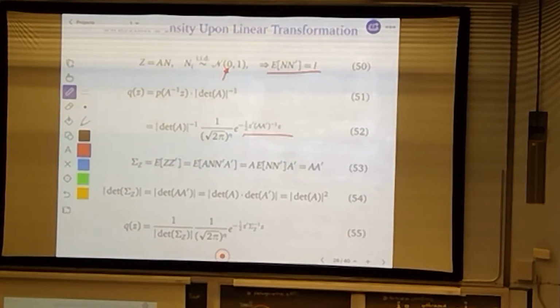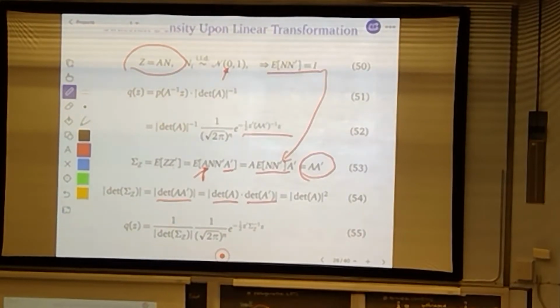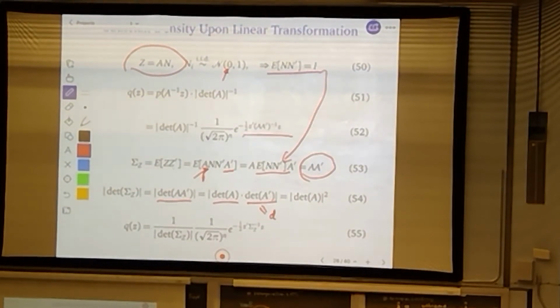So if we calculate E of ZZ transpose, since Z equals AN, we just plug that in. And since A is a fixed constant, we can take it out of the expectation. Since this is an identity matrix, we derive that the covariance of Z is simply AA transpose. And the determinant of sigma Z then becomes the determinant of AA transpose. The determinant of two matrices multiplied together is the product of the individual determinants, and the determinant of a transposed matrix equals DET of A itself.